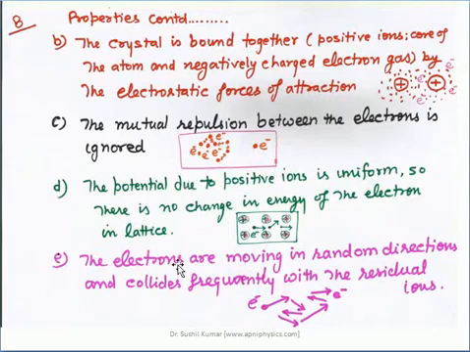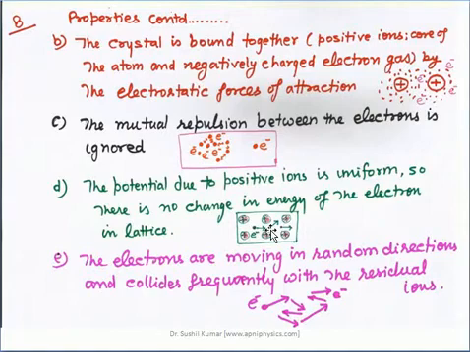Number 5th point: the electrons are moving in random directions and collide frequently with the residual ions. Residual ions, here I have considered the case of the sodium ion.